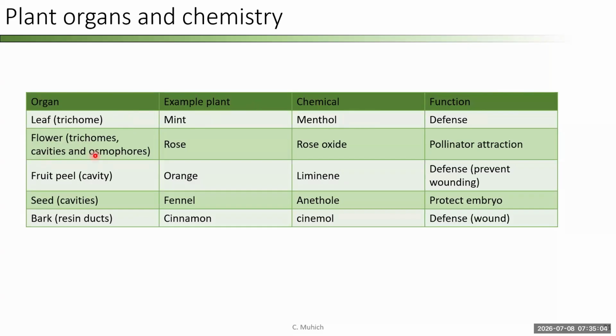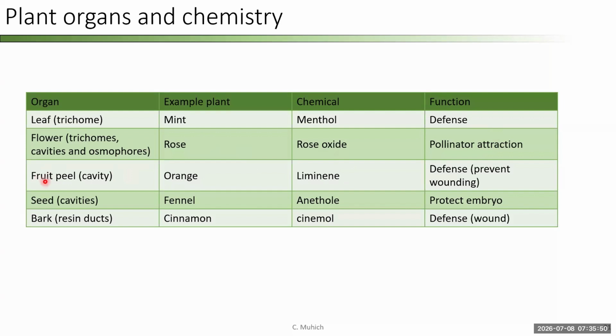Additionally, some types of plants have what are called osmophores, which are rarer, and these are acting not so much as a holding location, but rather an active dispersal set. So these are not great for containing fragrances that we can harvest later because their purpose is to actually disperse the smell. These are here for pollinator attraction. An example would be rose oxide on a rose that gives it that rosy smell.